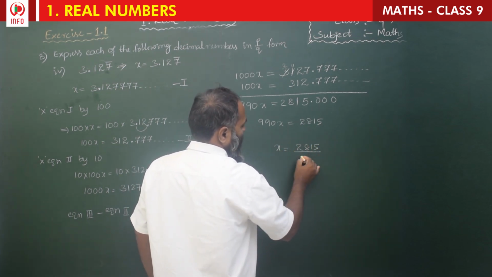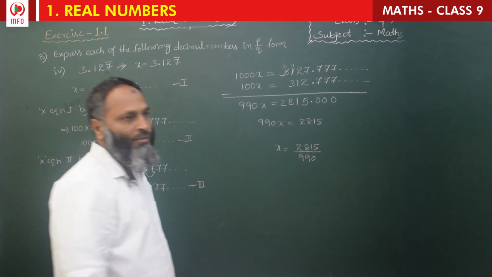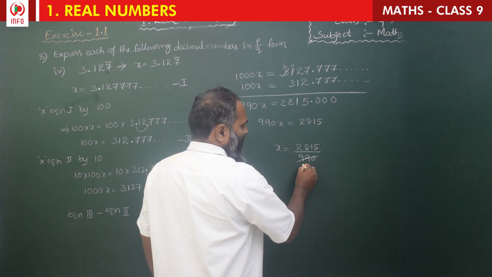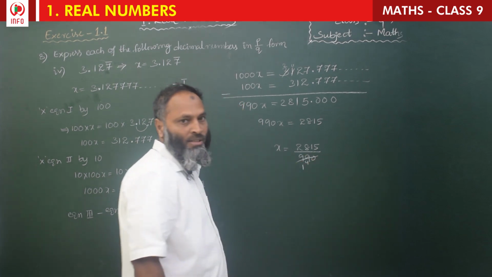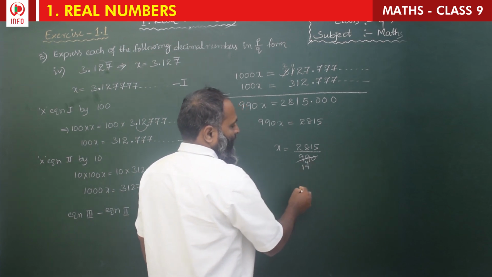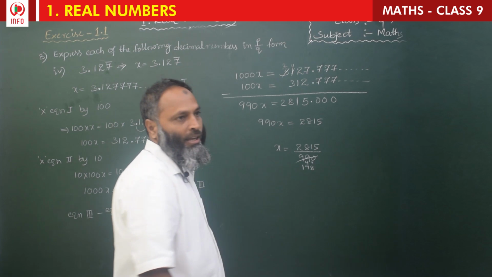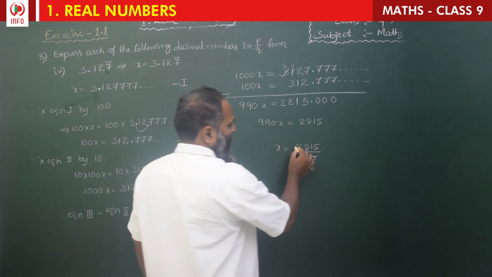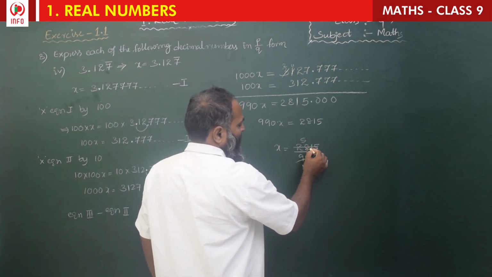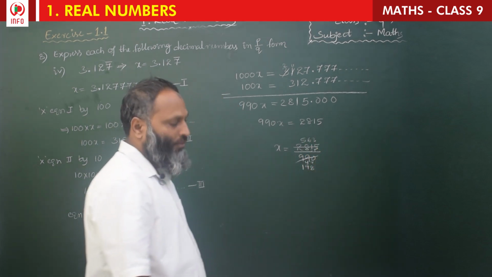Then x is equal to 2815 by 990. Now these two are divisible by 5. 5 ones are 5, 5 ones are 5, then 4, 5 nines are 45, 4 left, 5 eights are 40, 5 fives are 25, 3 left, 5 sixes are 30, and 5 threes are 15.